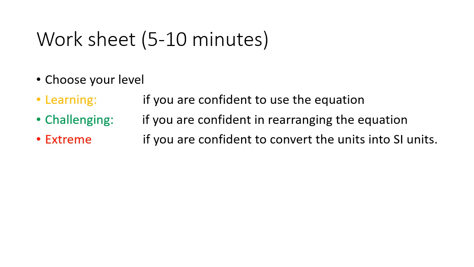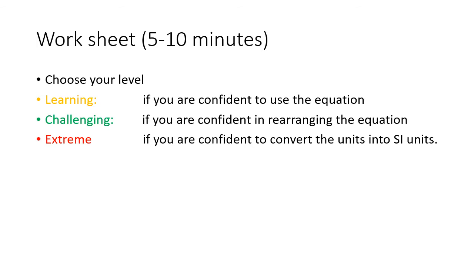Right, now we have learned about three types of energy: kinetic energy, gravitational potential energy, and elastic potential energy. Now I will give you some questions, and in each question there are learning, challenging, and extreme levels. You have to choose your level according to your confidence. You have 10 minutes to do these questions.